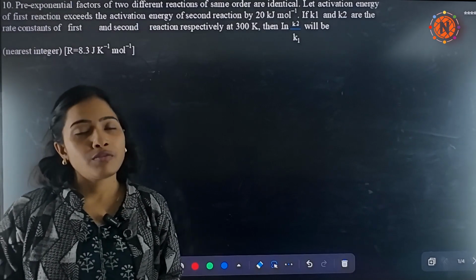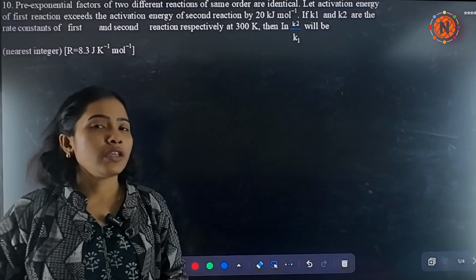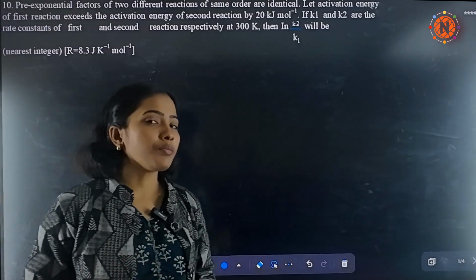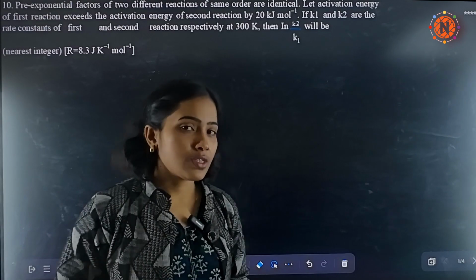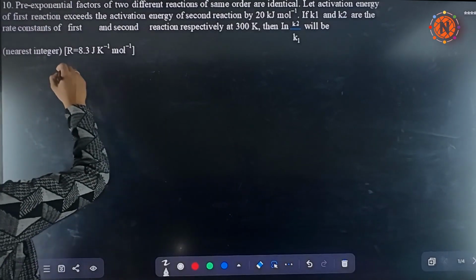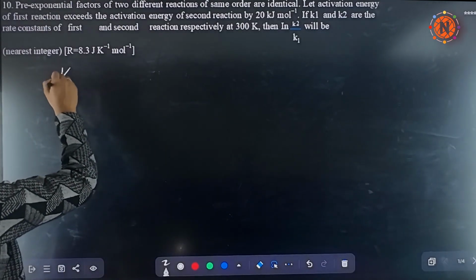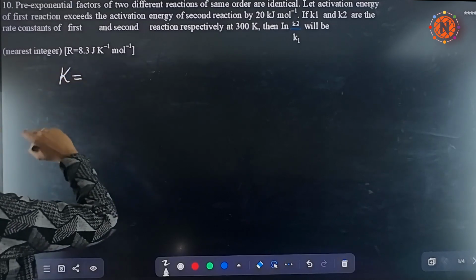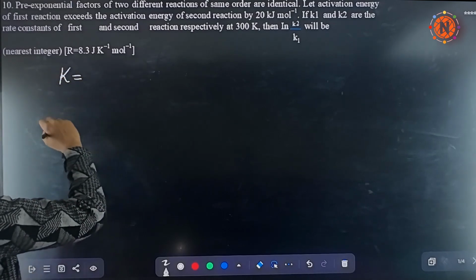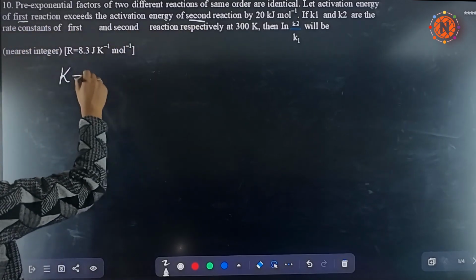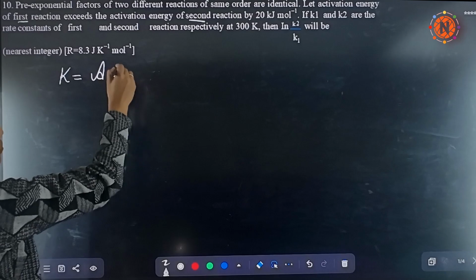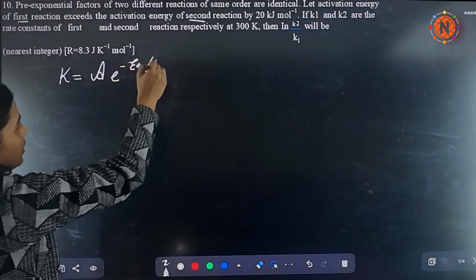Okay. We have found in Arrhenius theory that a particular equation was given defining the activation energies. So what was the equation? The equation that was given for the rate constant will be K equals to A e to the power minus EA divided by RT.